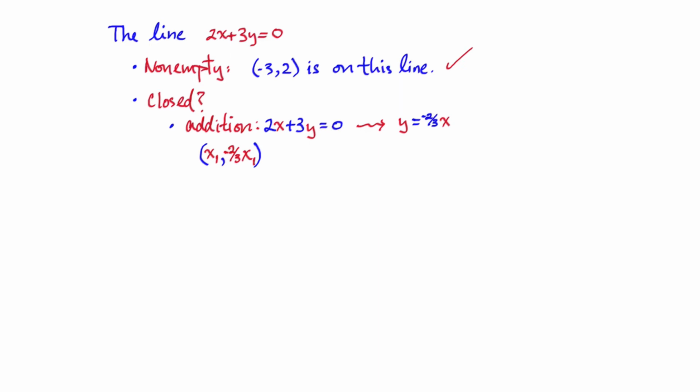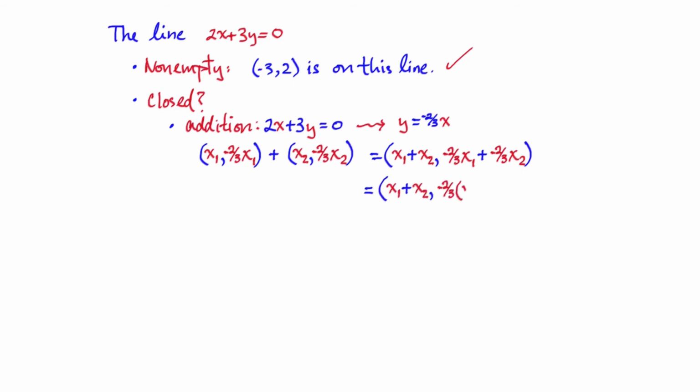So let's take 2 points that look like that. So x1, -2/3 x1 is 1 point, and then x2, -2/3 x2 is another point on that line. So when I add those 2 points together, I get the point x1 plus x2, -2/3 x1 plus -2/3 x2, and I can rewrite that second coordinate as -2/3 times x1 plus x2.